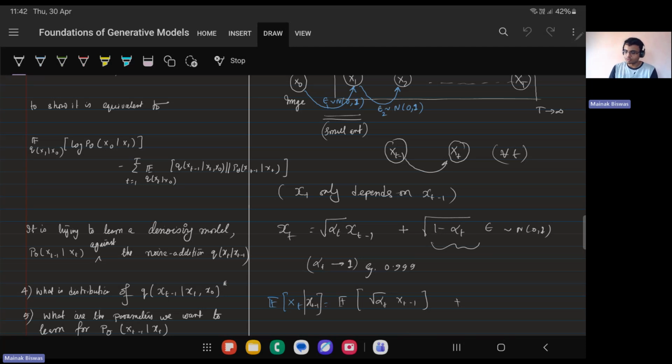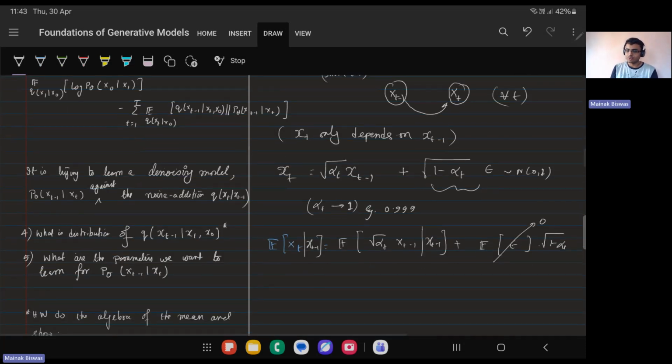So this is a conditional distribution, given xt minus 1, with epsilon times this constant. This is 0 because it comes from a normal 0-1 distribution. The expected value of a normal 0-1 distribution is 0, and xt minus 1 is given to me, so both are constants. So I can just say this is alpha t xt minus 1, right?